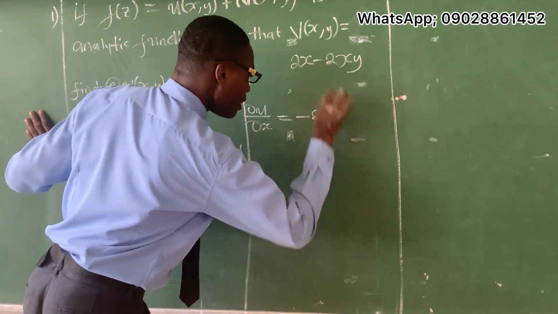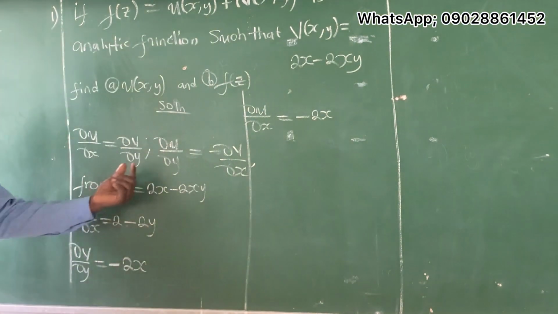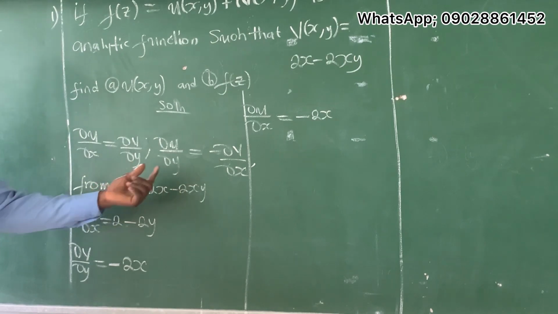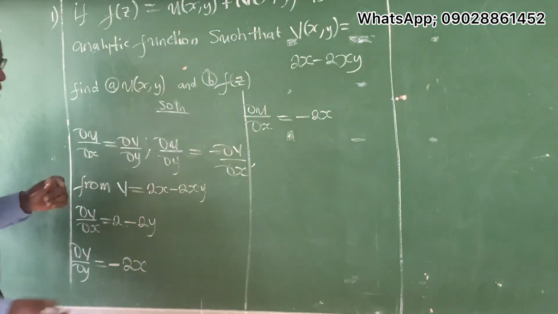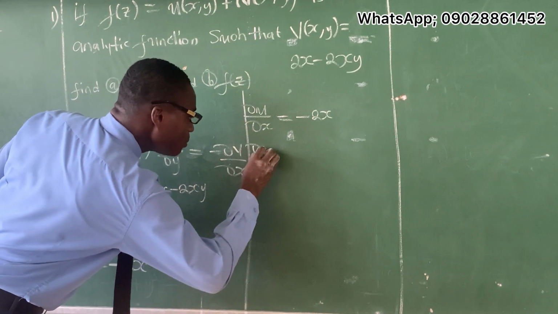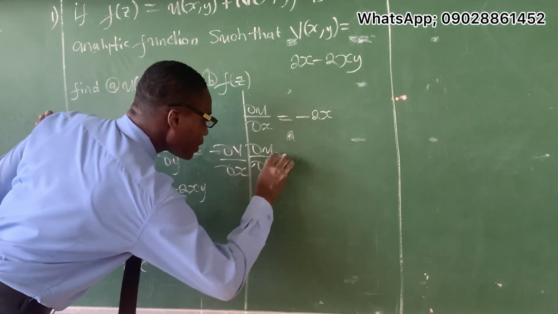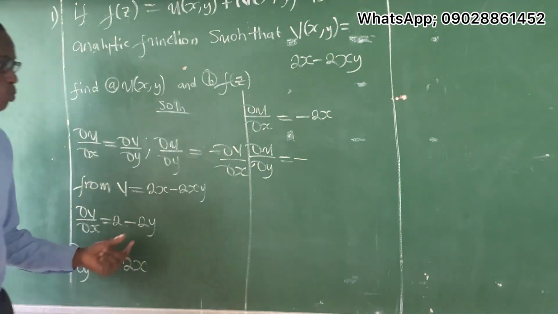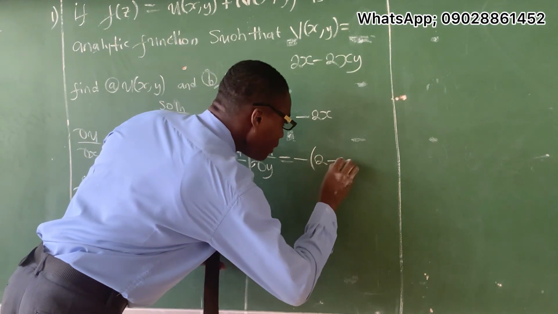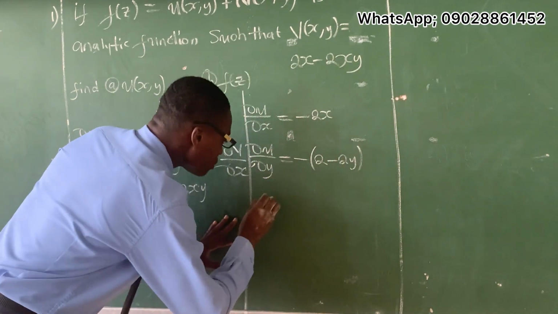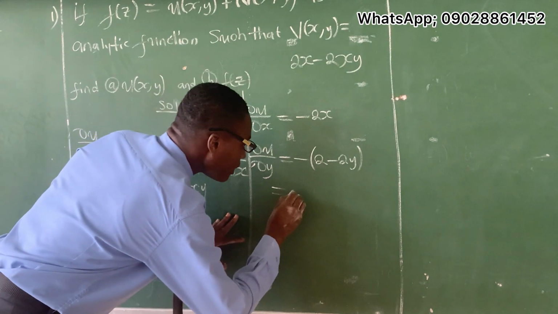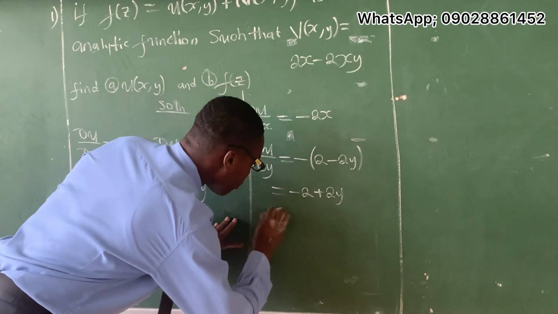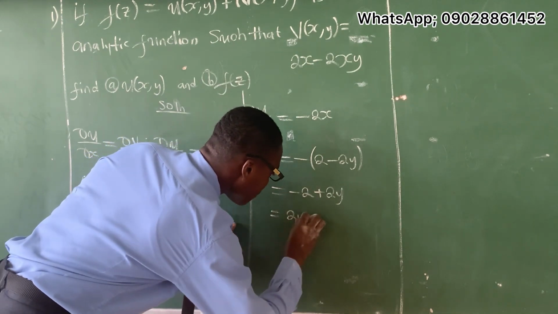And also, partial u partial y is equal to minus partial v partial x, which is minus of 2 minus 2y. So this implies that partial u partial y is equal to minus 2 plus 2y, or 2y minus 2.